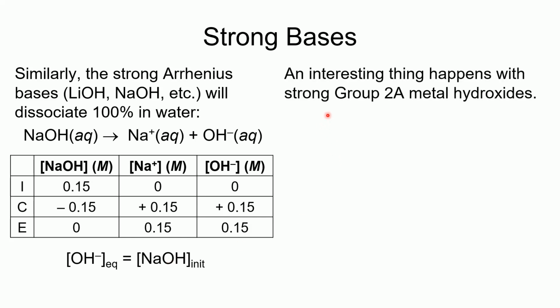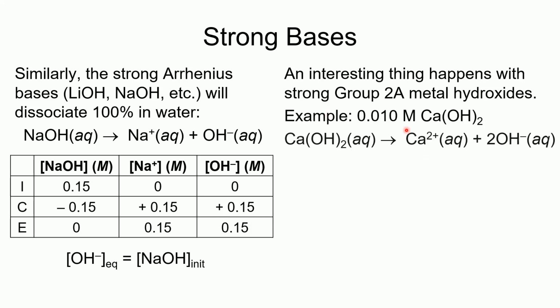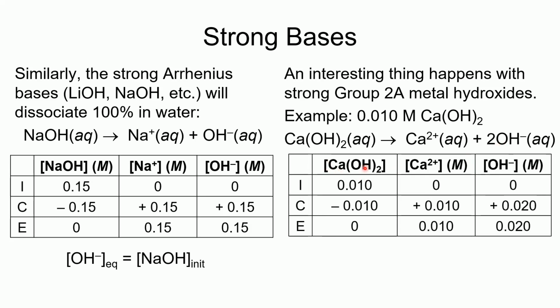If we've got a group 2 metal hydroxide, one of those 3 strong group 2, so calcium, strontium, and barium hydroxide, well, they also dissociate 100%. So here I've got calcium hydroxide, and it dissociates 100%, and you'll notice that there's a 2 in front of that hydroxide ion. Well, what that means is, we do the concentration table. Sure, the concentration of calcium hydroxide goes down 100%. Concentration of calcium goes up by 0.01.